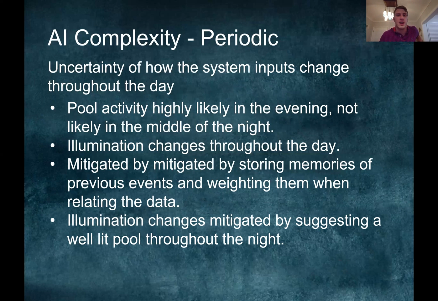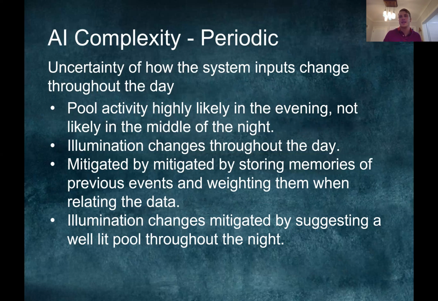This is mitigated by storing memories, as I mentioned before, and weighting them when relating the data. When these different pool activity events occur, they can be stored and recalled so that we can understand when these events might happen, or rather when they're less likely to happen.